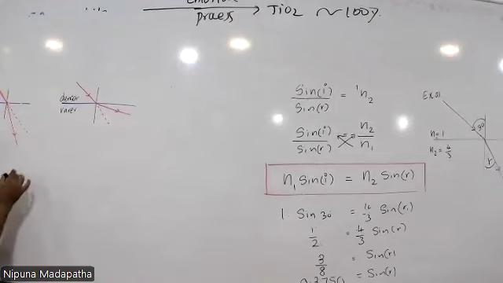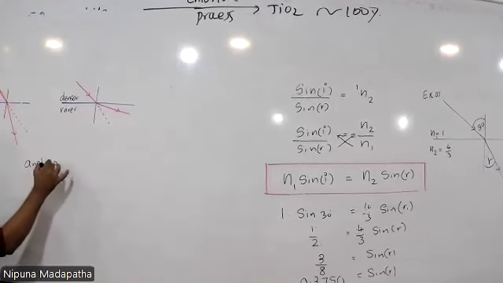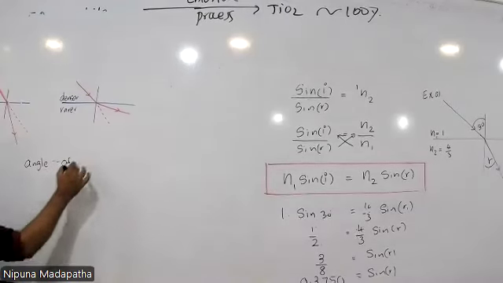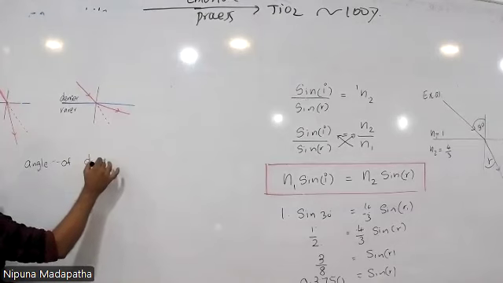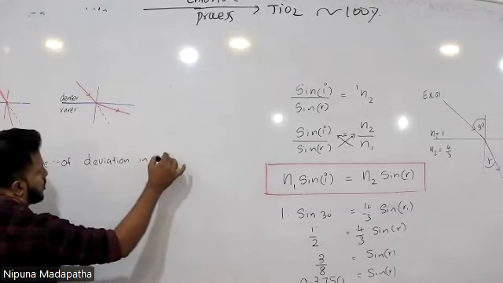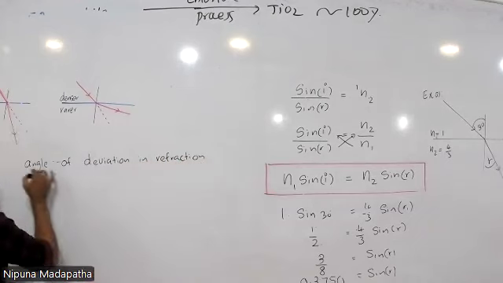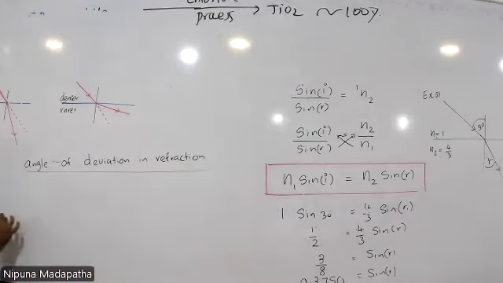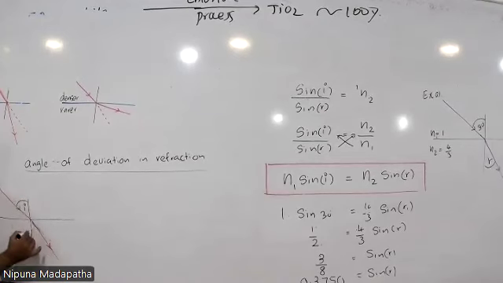Then, angle of deviation. So how do you get the angle of deviation? Suppose this is the incident ray and this is the refracted ray. This is the original path of the ray.